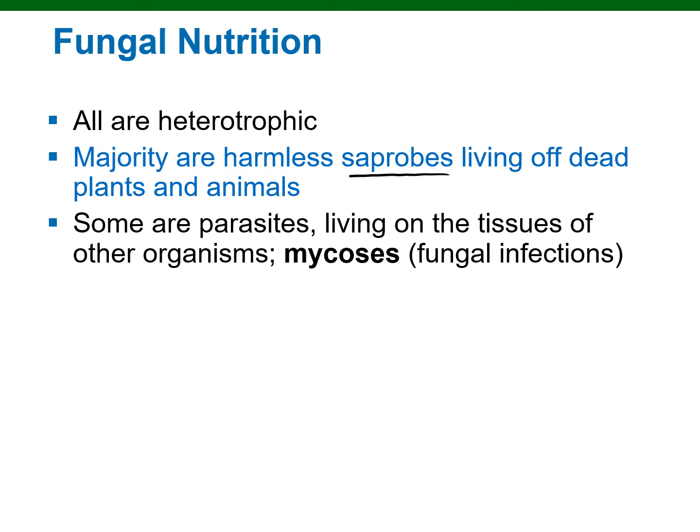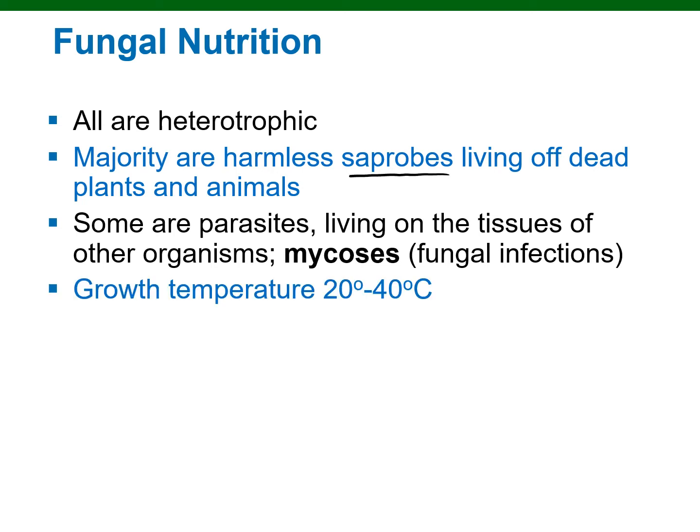And there are a few that are parasitic, even though the majority are not. And the parasites can make their living off of the tissues of living organisms like a human or an animal or plant.